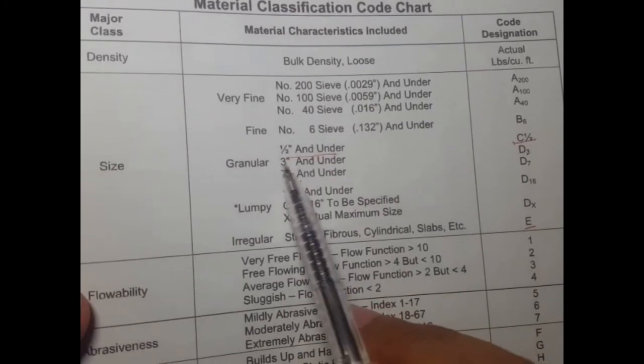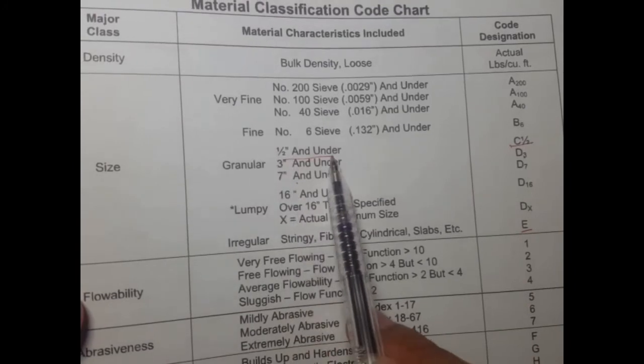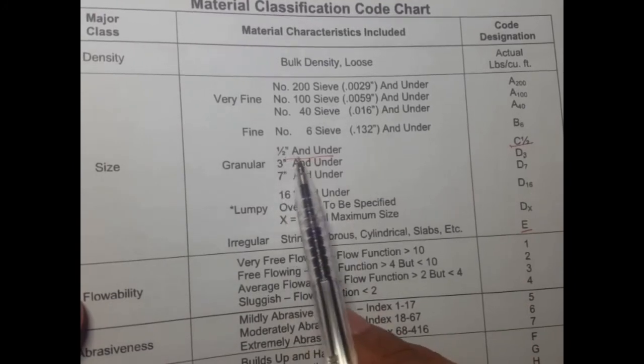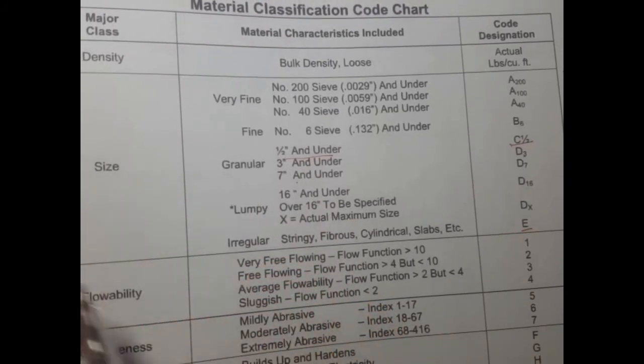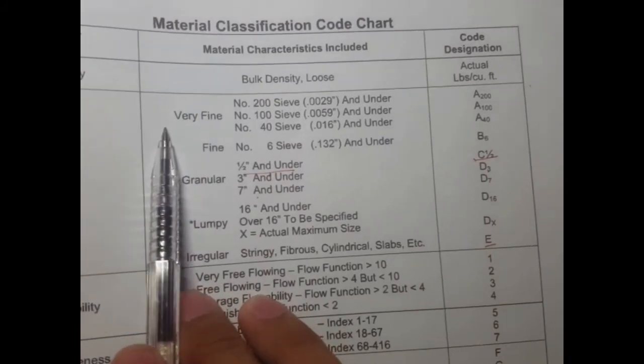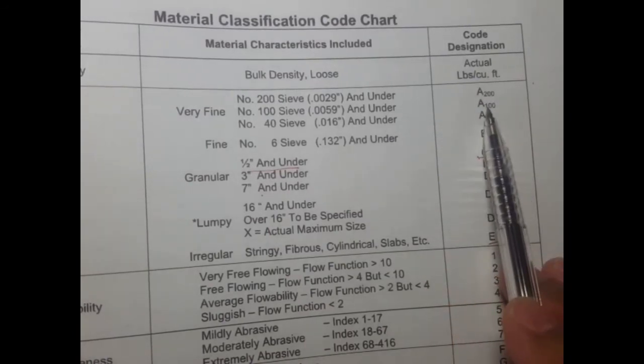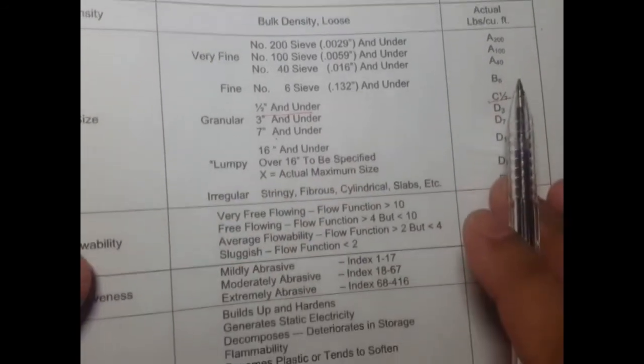For some materials, for example, if you see a C 1/2, then that's going to be 1/2 inch and under. For powdered or fine products, you would see symbols like A200, A100, and so on.